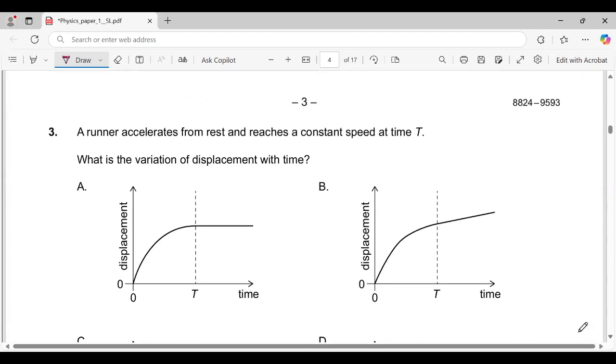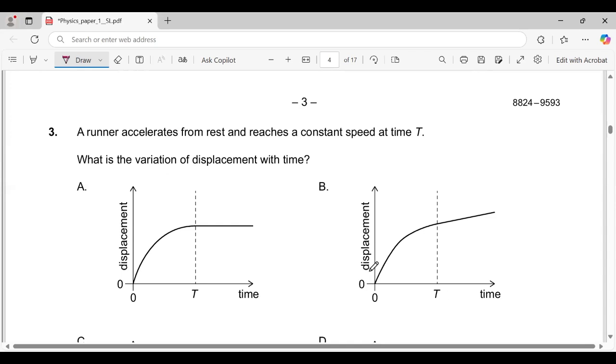A runner accelerates from rest and reaches a constant speed at time t. What is the variation of displacement with time t? Option A is not the solution because at point t there is no variation in displacement, the runner takes a rest. Option B is not the solution because there's no constant.